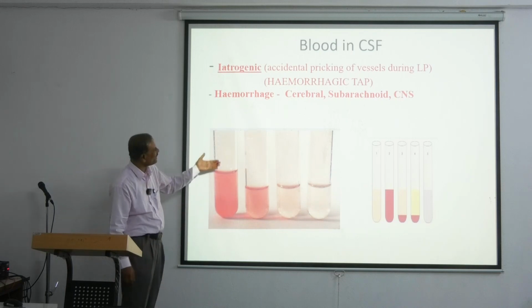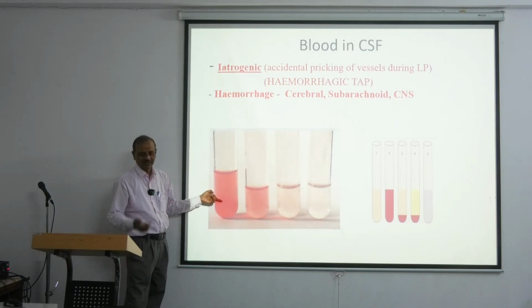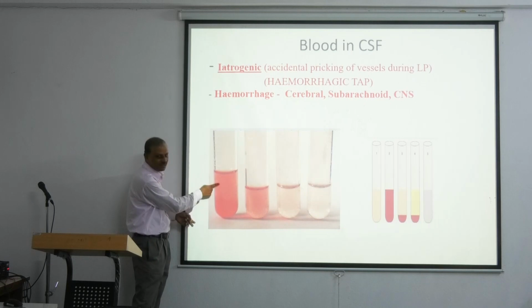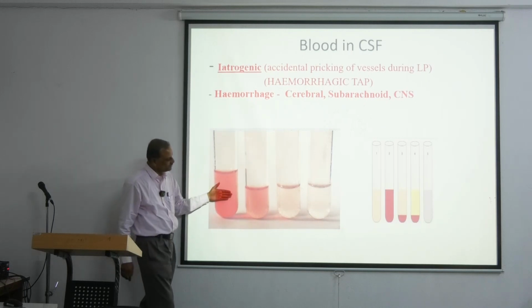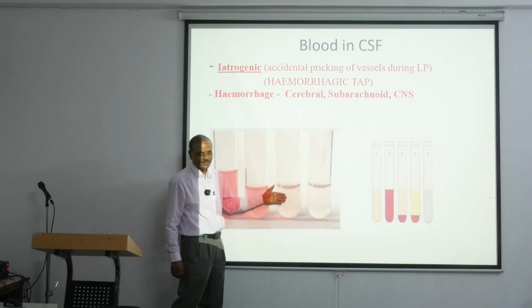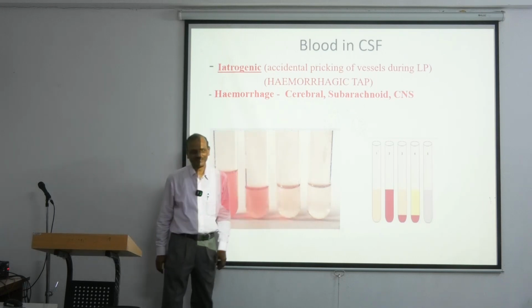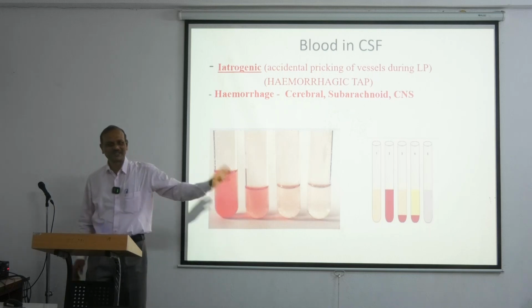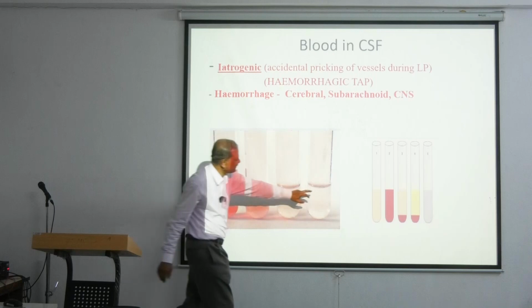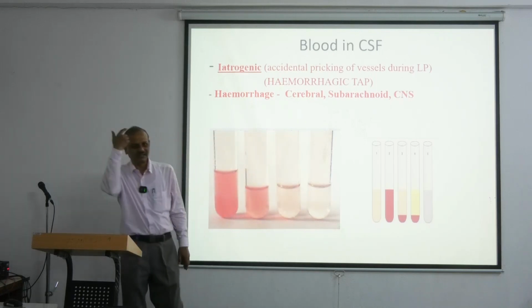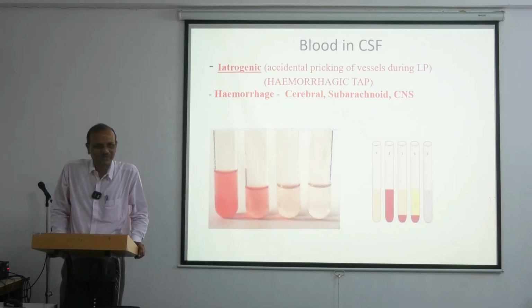So here you see, if you make a bloody tap by accidental pricking, initially there will be bleeding. But as you go on collecting the samples, this is the actual color. So that will indicate that there is no hemorrhage inside the brain. If all of it would have been like this, then there is definite hemorrhage. Do you get my point?